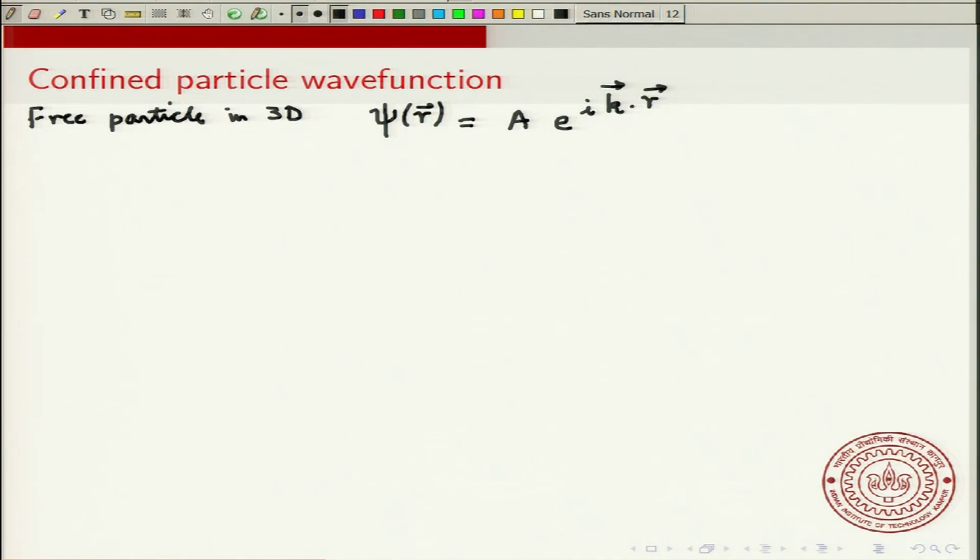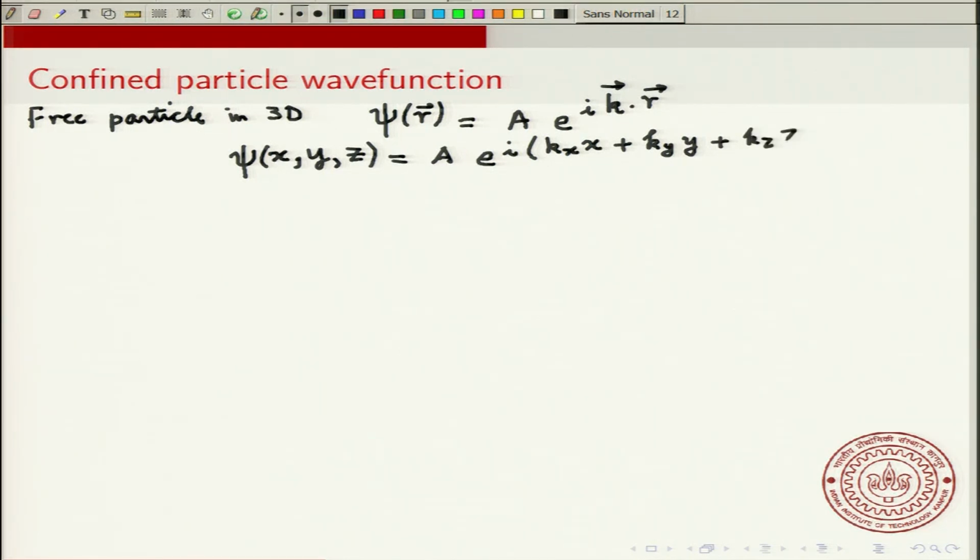Okay. If you want to write in more expanded form, you can write psi of x, y, z is equal to A times e to the i, and you can write k x times x plus k y times y plus k z times z.